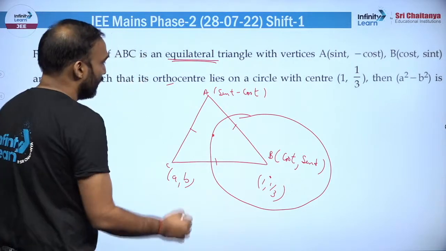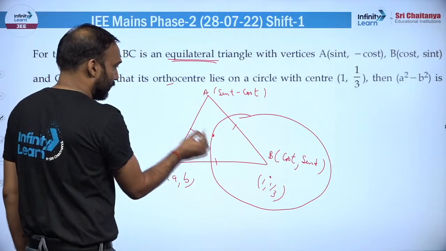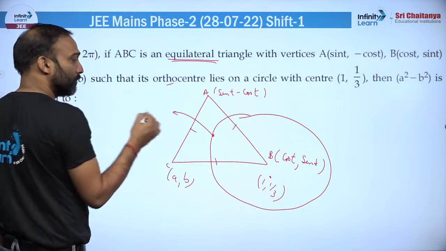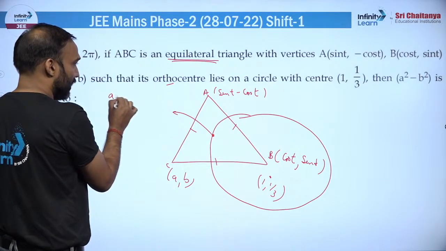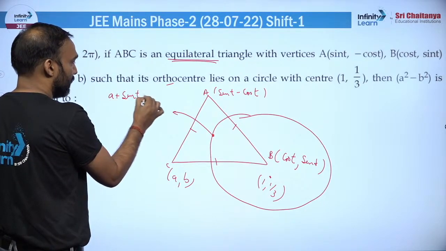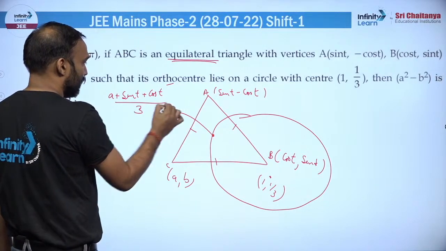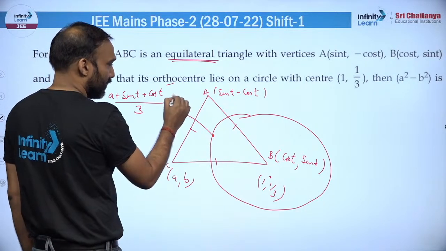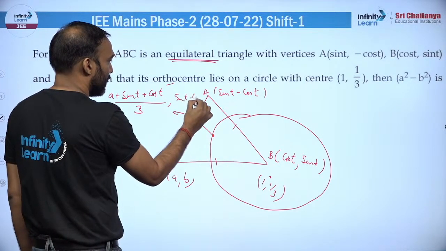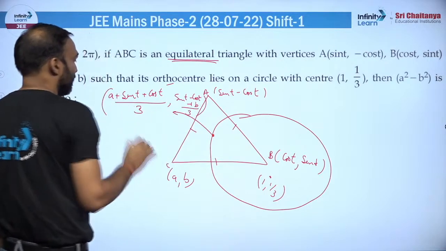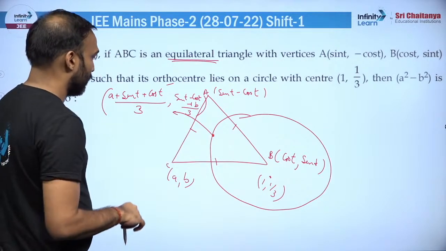Right. So I know this orthocenter is the centroid. So centroid of this triangle I can calculate by x1 plus x2 plus x3 by 3. So A plus sin t plus cos t upon 3 comma sin t minus cos t plus b upon 3. These are the coordinates of the centroid, right?